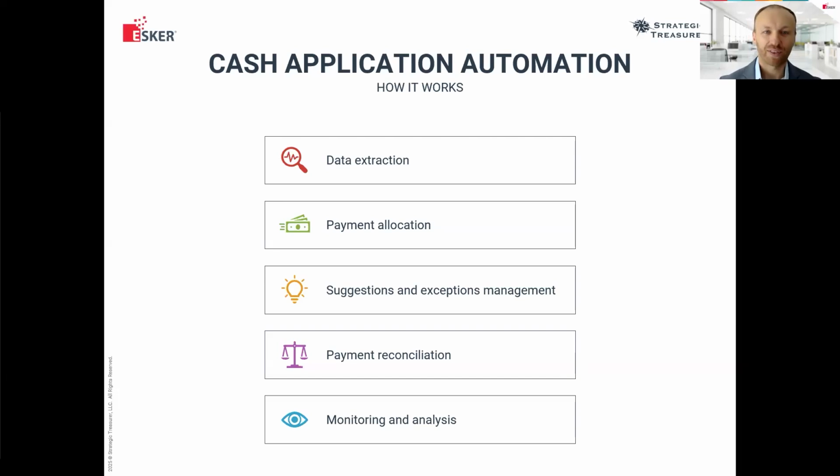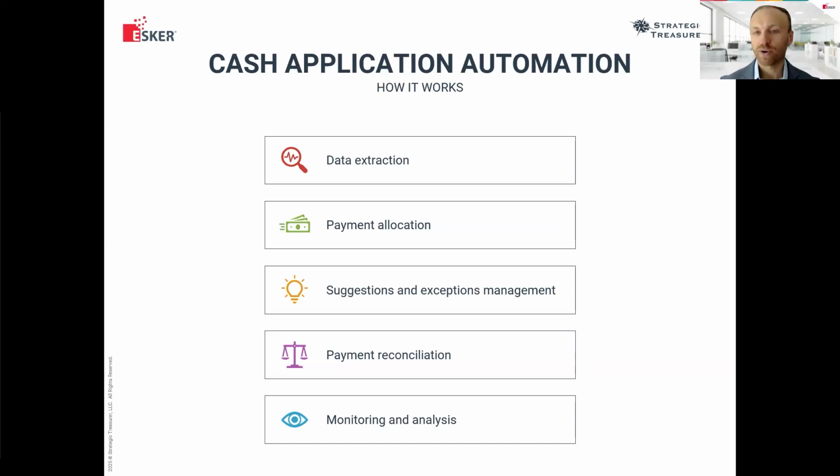And then everything flows down from there. The second is the payment allocation. So obviously, this is a manual process as well, typically for companies, where they're taking a payment, taking a check, taking an electronic payment, and matching it to the remittance and matching it to the open accounts receivable, matching it to the open invoices, essentially.